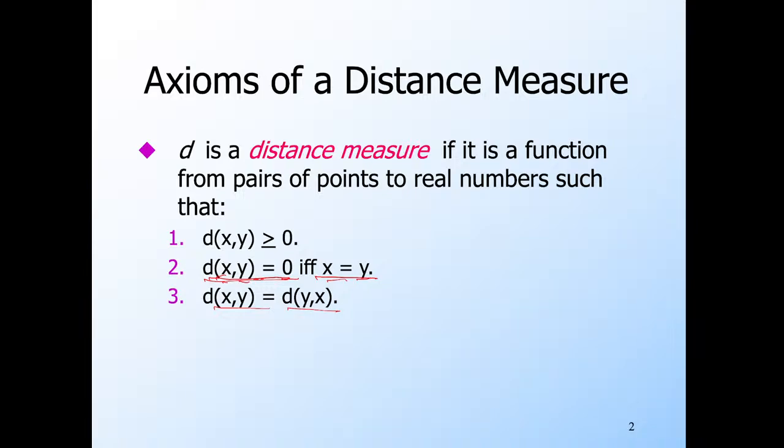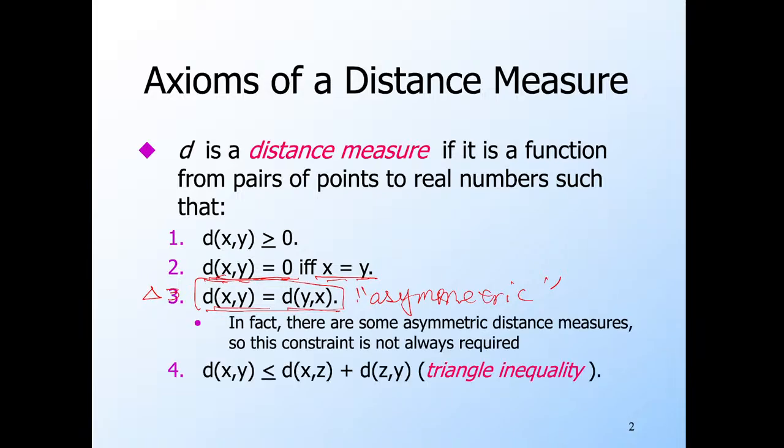I'm putting a triangle mark here because some distance measures don't follow this property. Some distance measures are asymmetric, meaning that the distance from x to y doesn't equal the distance from y to x. But most distance measures follow the third property.